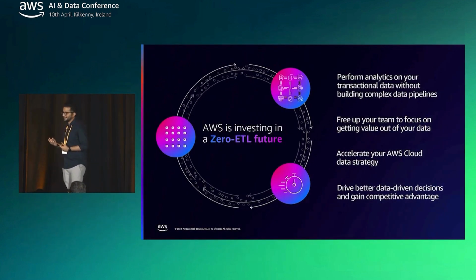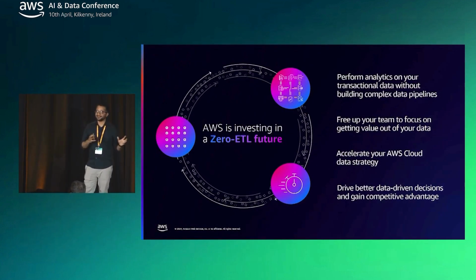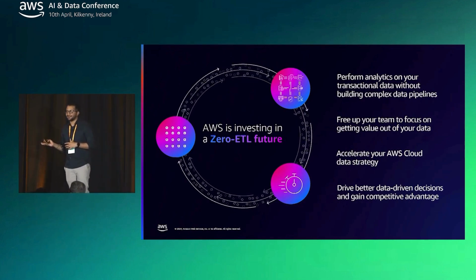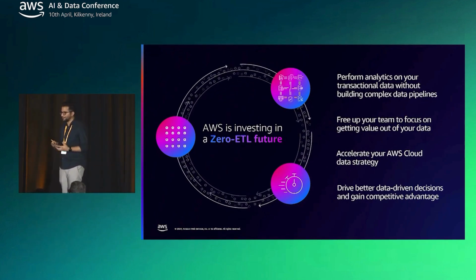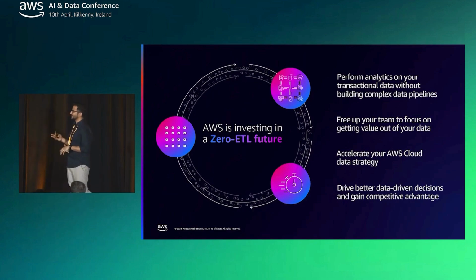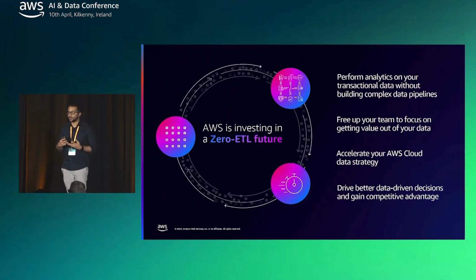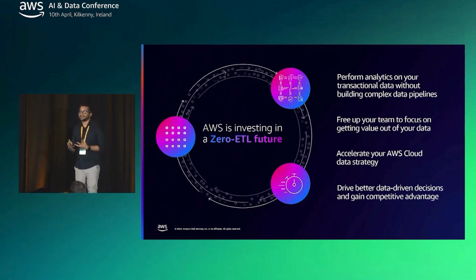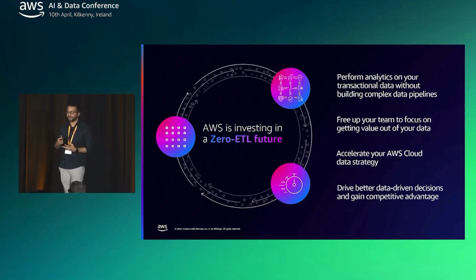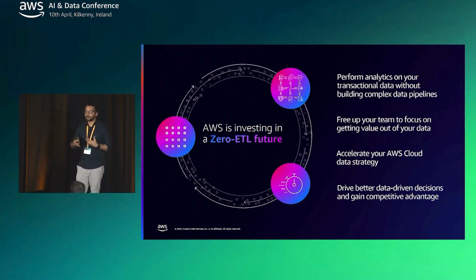And finally, this is not the only set of integrations that are available. Well, not the only set that will be available. AWS is investing in a Zero-ETL future heavily, right? So if there are any other integrations that you set up data pipelines for today, let us know. We're already in progress.